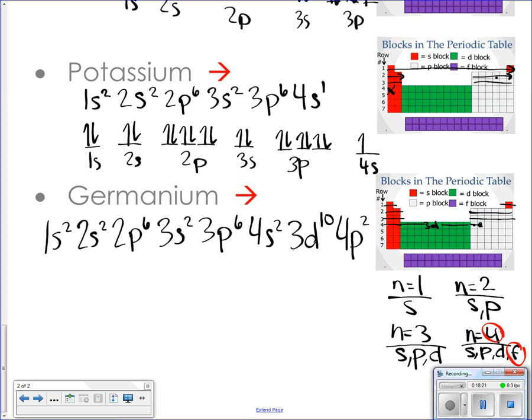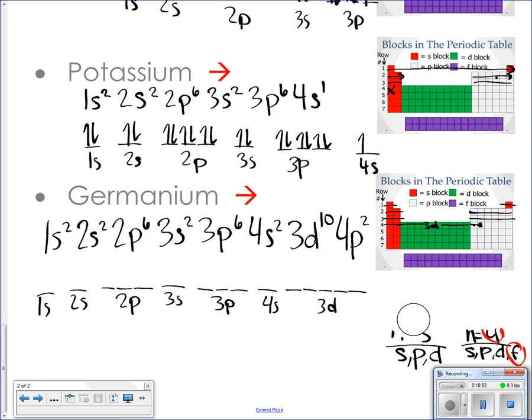To do the orbital diagram, S has 1 orbital, 2s has 1 orbital, 2p has 3, 3s has 1, 3p has 3, 4s has 1, 3d has 5 orbitals, and then I'll erase this just to give us a little more room, and 4p has 3.